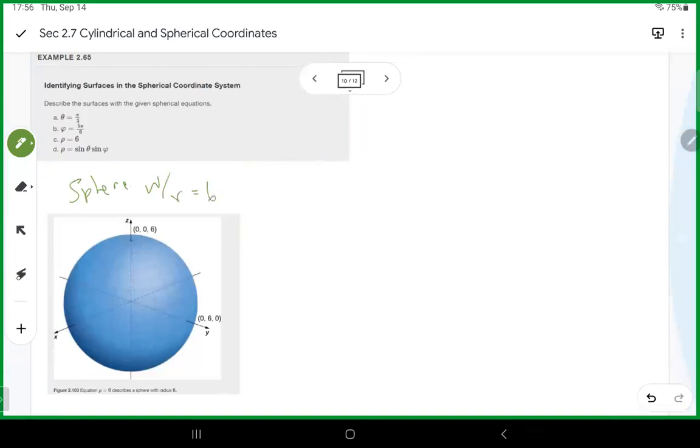Okay. So part D, we're looking at, and it says rho is equal to sine theta sine phi. So to identify this surface, convert the equations from spherical to rectangular coordinates using y equals rho sine phi sine theta.